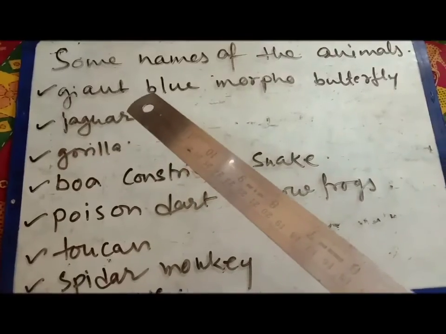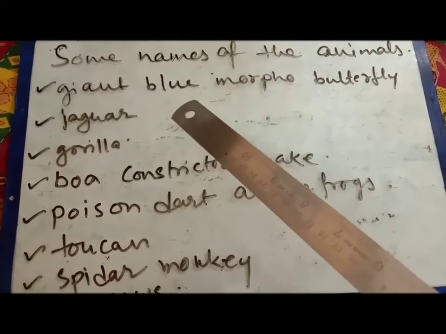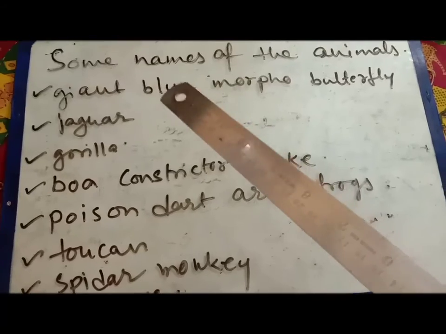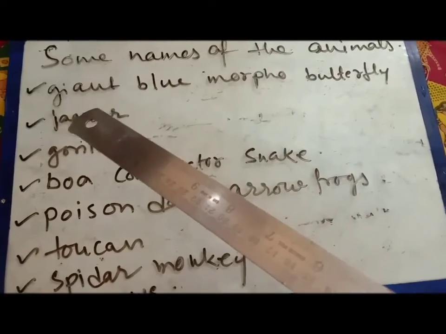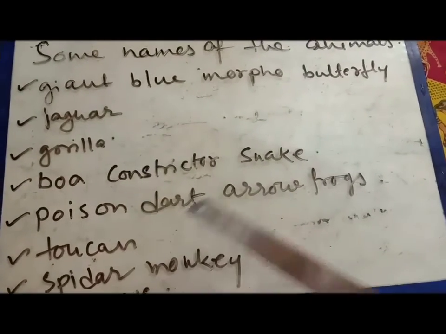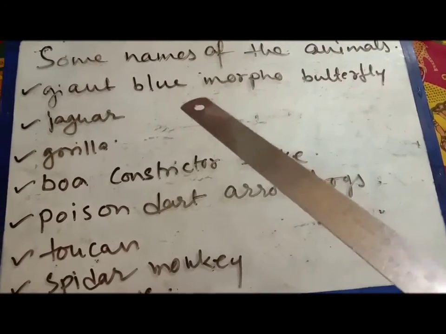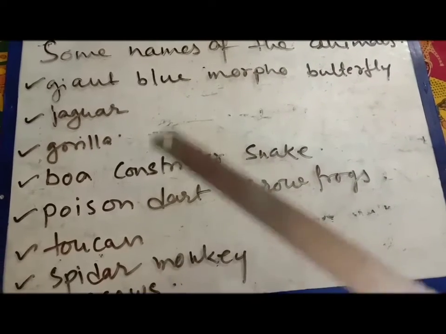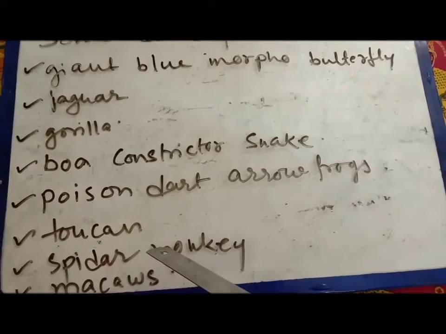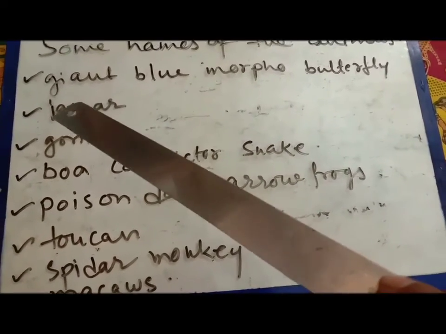You should learn some names of the animals in this torrid zone, which means especially the equatorial forest. Here I have written these names. In the book you can see different kinds of animals too, but in this video you just learn their names, and that will be enough for you.